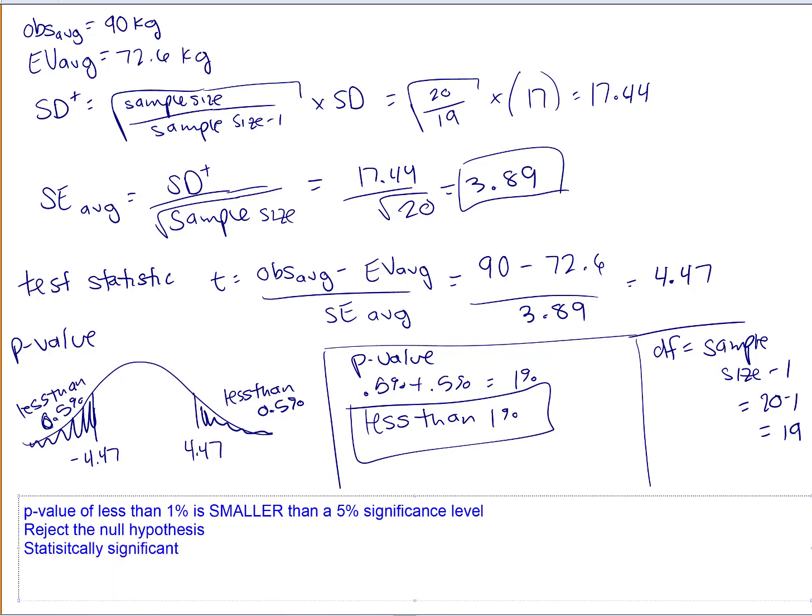And our final thing that we report to our boss is that we are fairly sure, or we have evidence, that the average weight is different from that 72.6 kilograms.